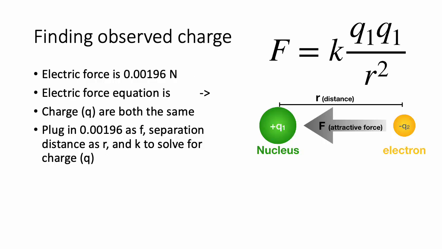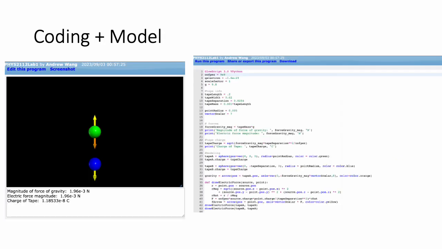So how do we use this? If the electric force is what we found as the gravitational force, 0.00196, we can plug that into this formula, and then you can plug in 9e9 as k, and then you can plug in the separation distance as r, and because the charges are the same, it will just be Q squared, and then you can find Q. And then we apply this formula into this code, and this is the code.